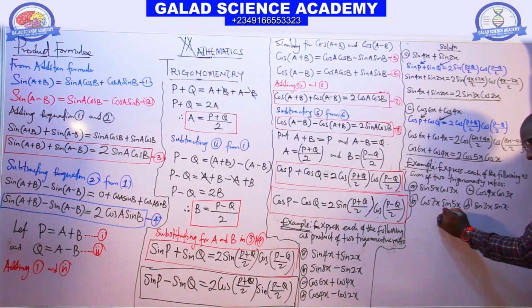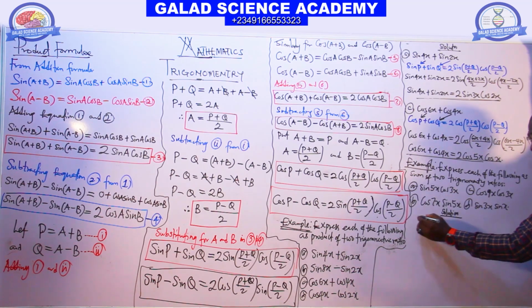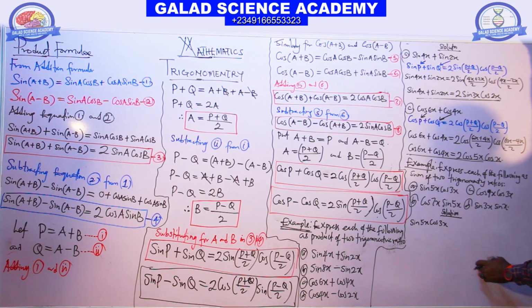You will solve the rest, please. We have sine 5x cos 3x, the first one. Do we know the product formula for this?